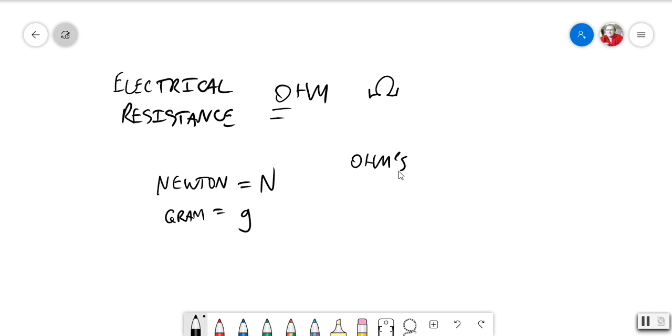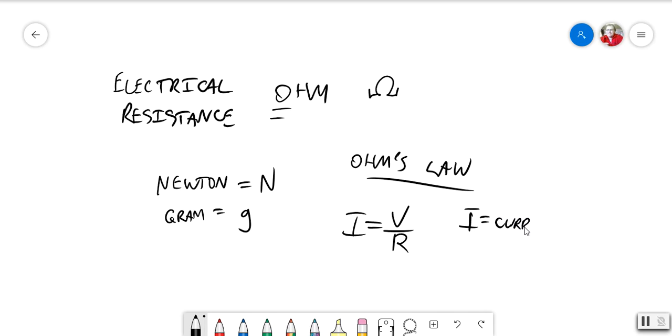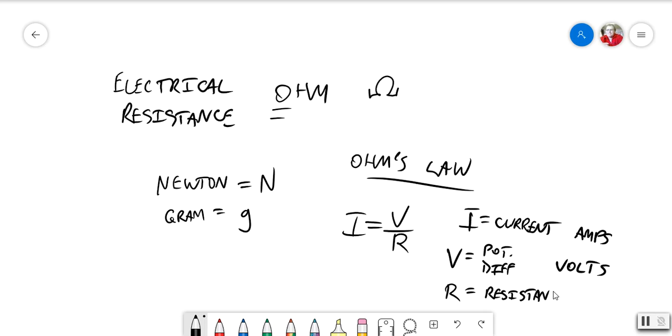And that brings us to Ohm's law, one of the most fundamental and basic things that you have in electronics, which says I equals V over R, where I is current, measured in amperes or amps, V equals potential difference, measured in volts, you could just say voltage, R equals resistance, measured in ohms.